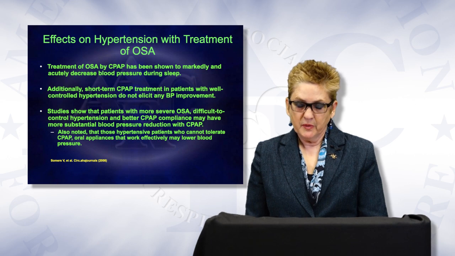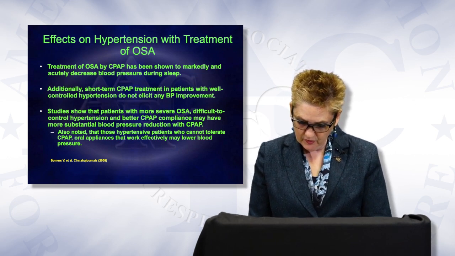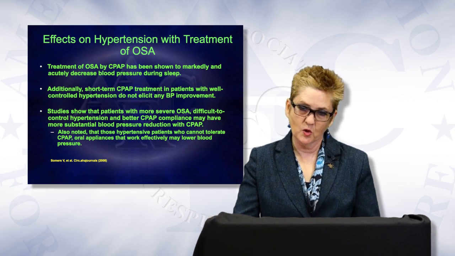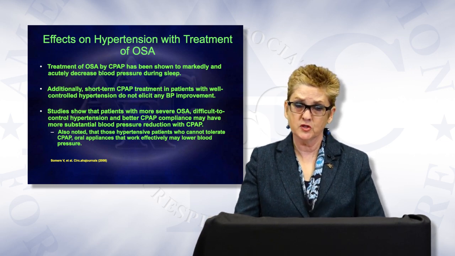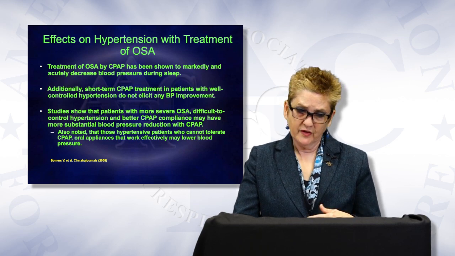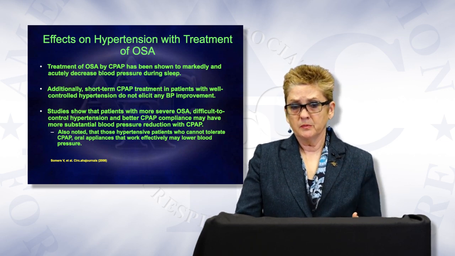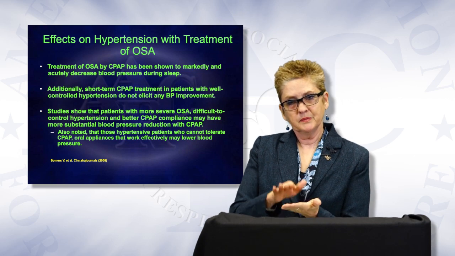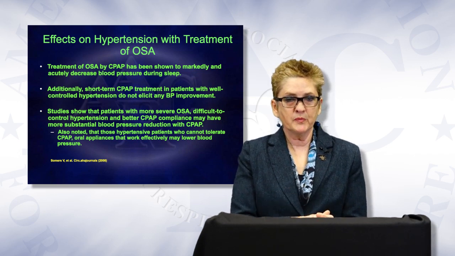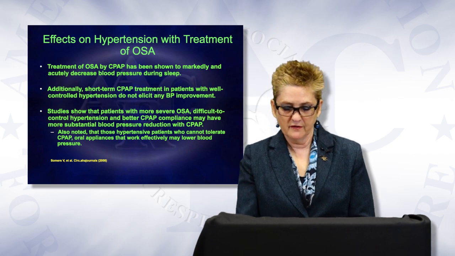So we have to do a lot of patient education. Also note that hypertensive patients who cannot tolerate the CPAP can use some other devices besides CPAP, such as oral appliances, and they can also work effectively to decrease blood pressure. So if one piece of equipment doesn't work, there are alternatives to help that patient achieve the level that they need.